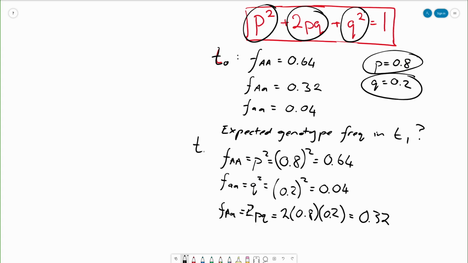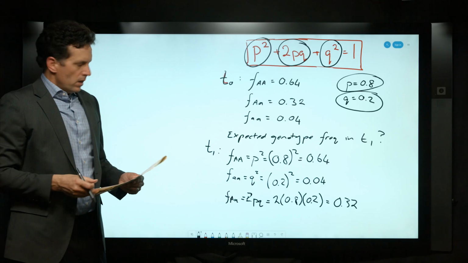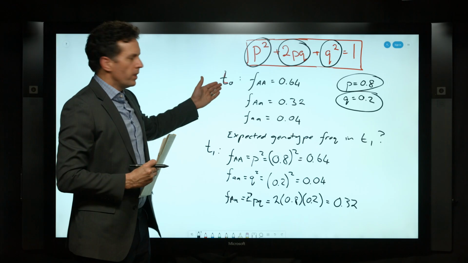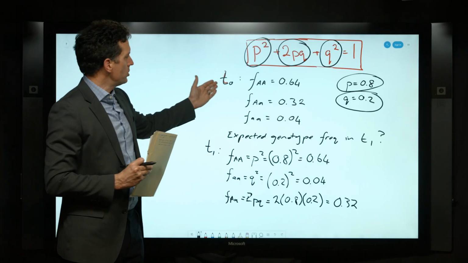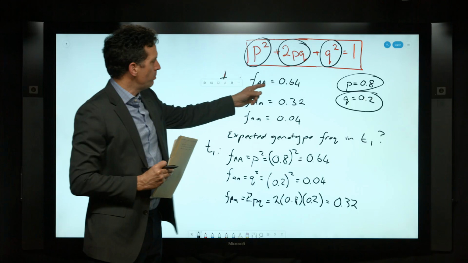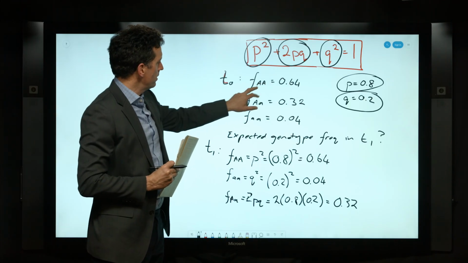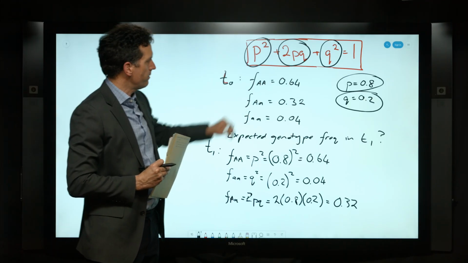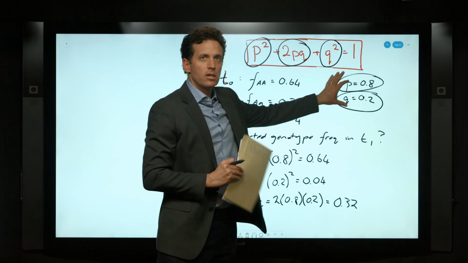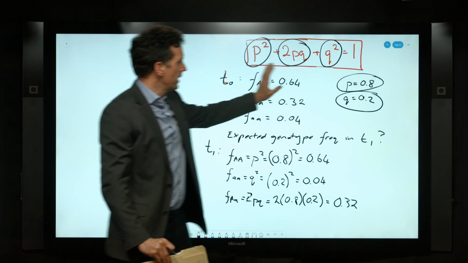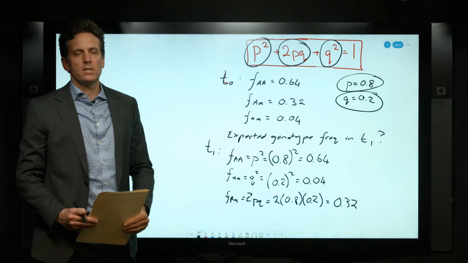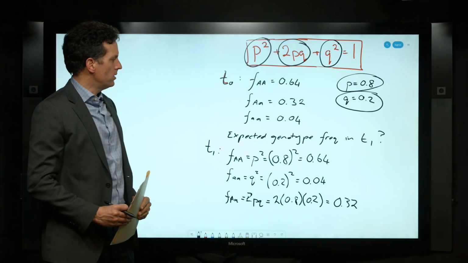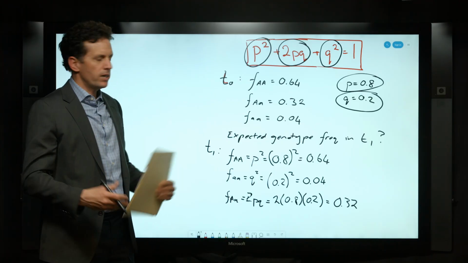So here is T1. All right, so we started with these genotype frequencies in our existing generation, which we call T0. We have these frequencies of each of the 3 different genotypes. We use that to compute the allele frequencies. And now we've used Hardy-Weinberg's law to compute the expected genotype frequencies in the subsequent generation, the next generation.